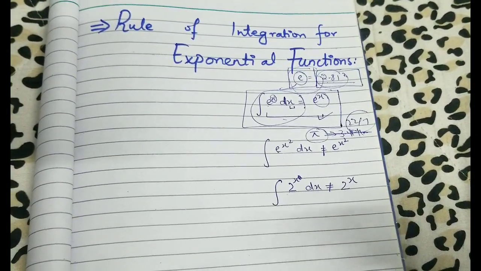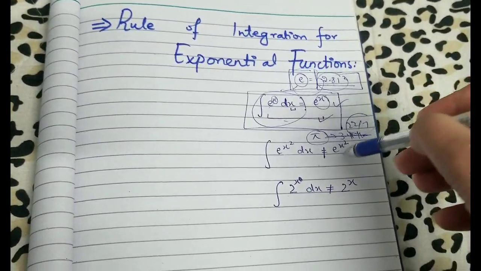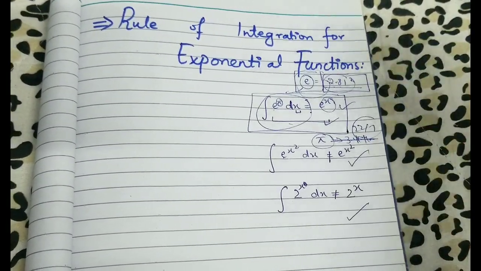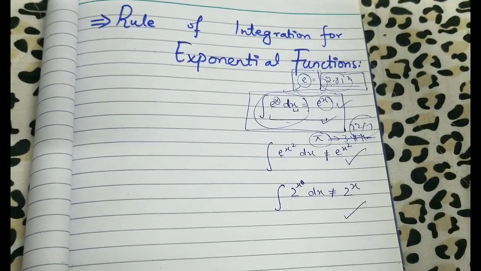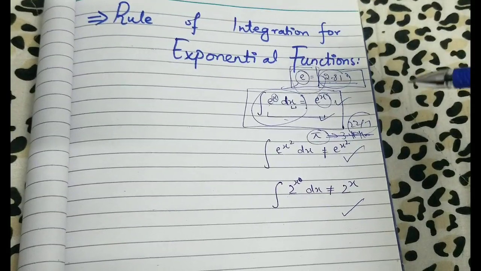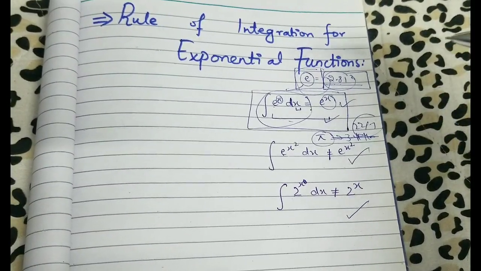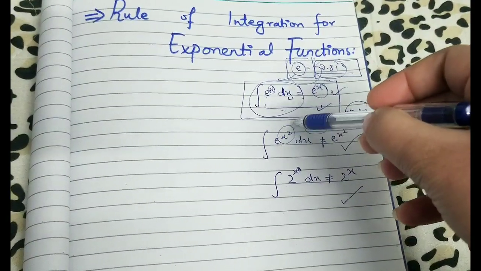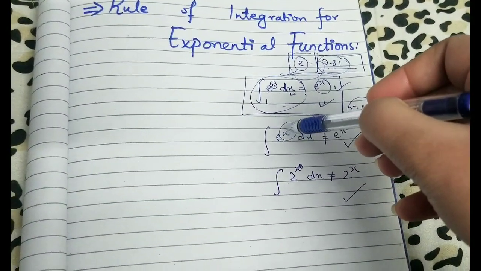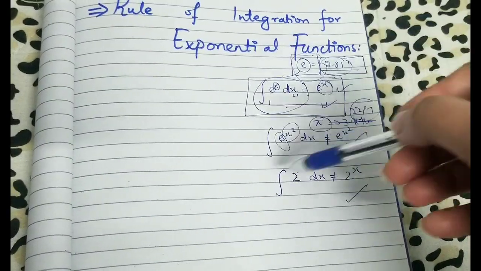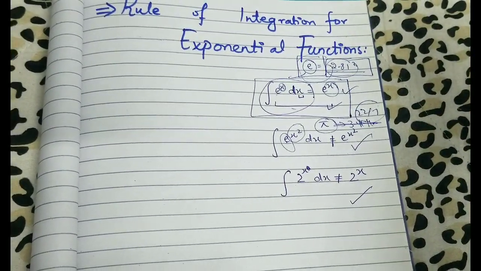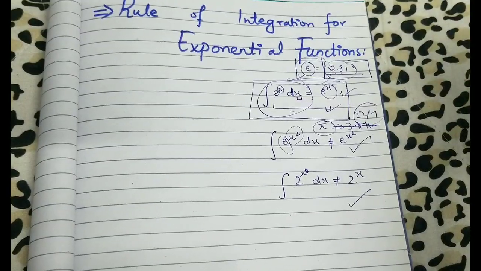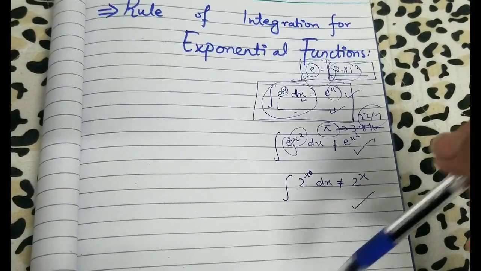We can't remember all of these integrations separately. We should know a rule based on which we can find the integration of an exponential function of every kind, of every function that appears on the exponent or any base that we have.